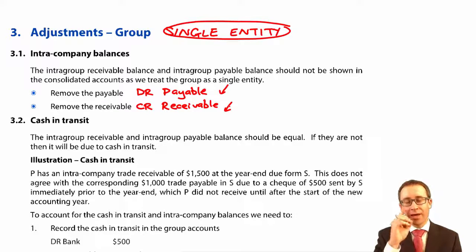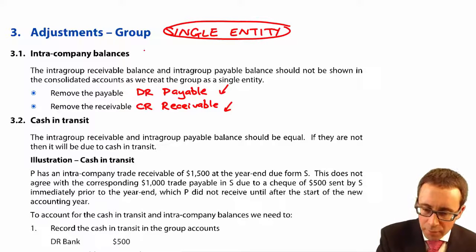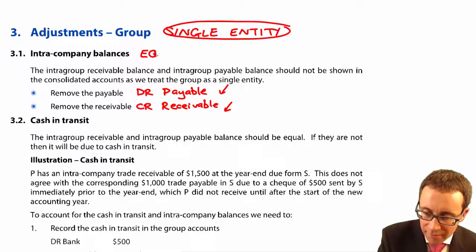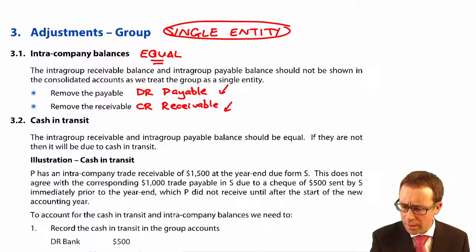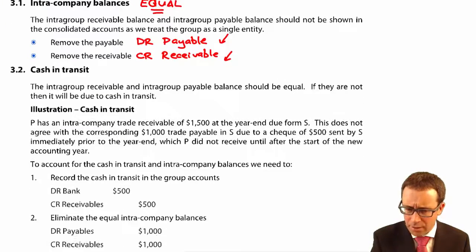Okay, key bit there is that those intra-company or intra-group balances, again, doesn't matter, same thing, different name, need to be equal, because if they're not equal, then we're not removing an equal debit and a credit. Okay, so here, intra-company balances are whereby we have that adjustment whereby things are equal. So we have equal intra-company receivable and payable balances.